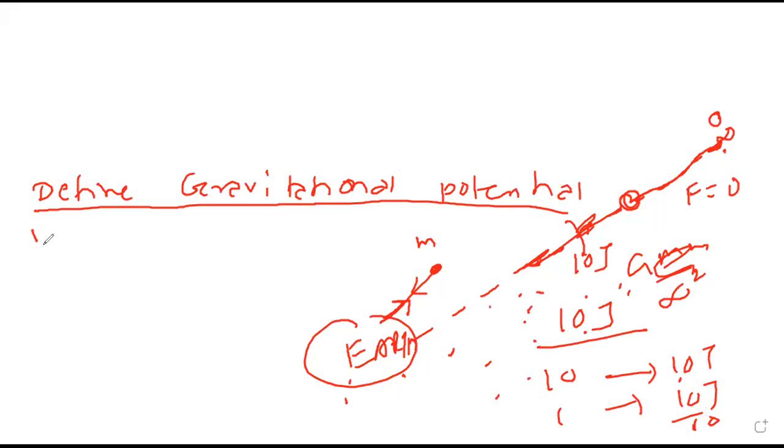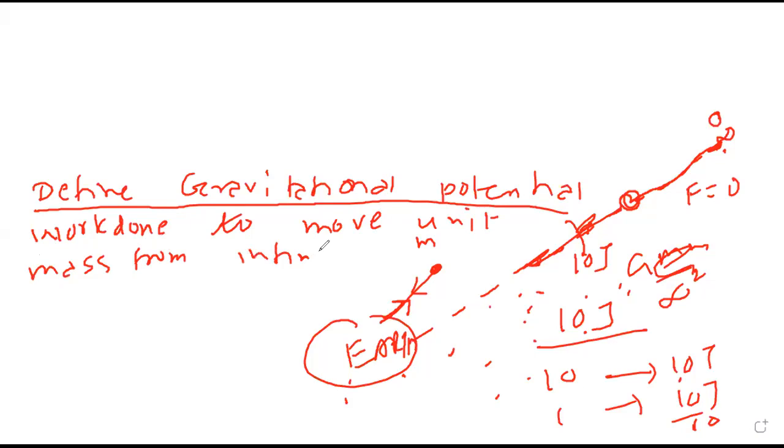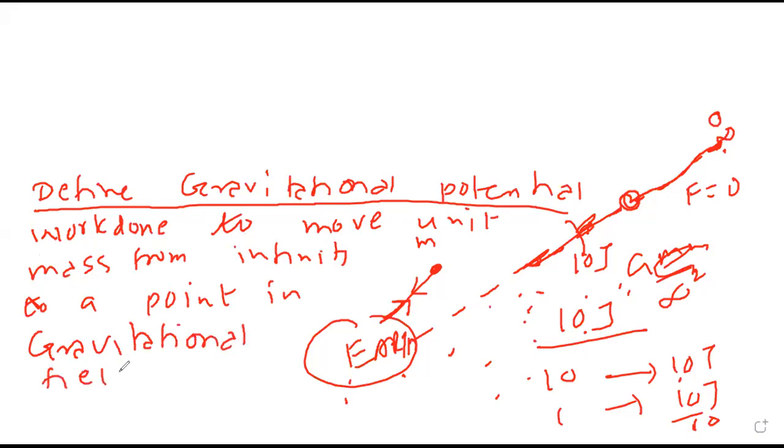In electricity, it is work done to move unit charge. Here, unit mass. So work done to move unit mass from infinity to a point in gravitational field is called as gravitational potential.